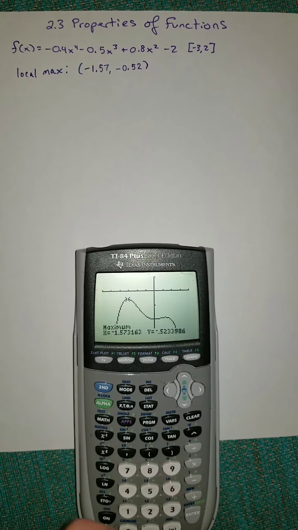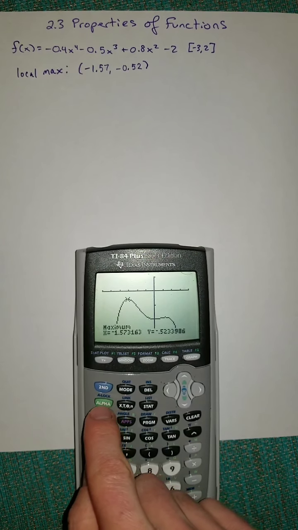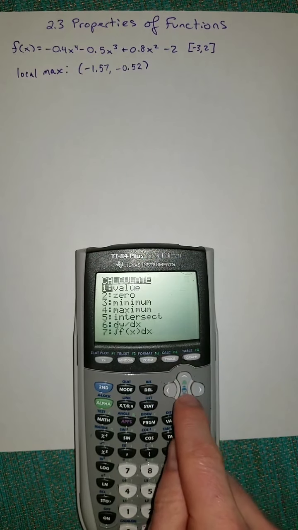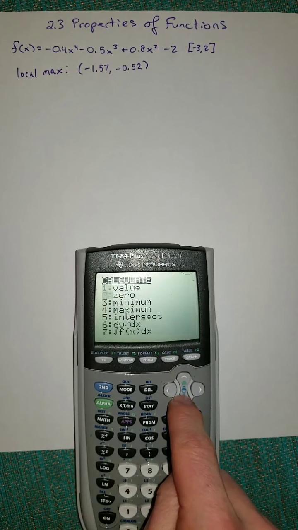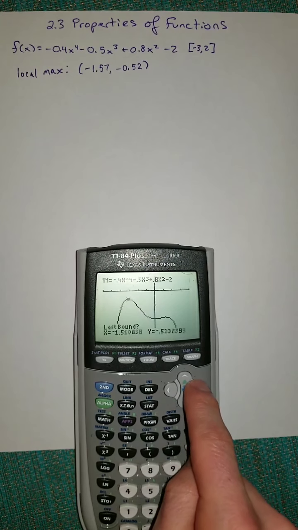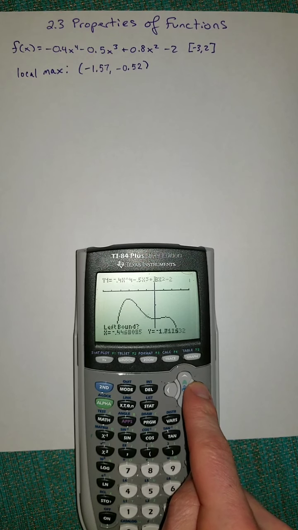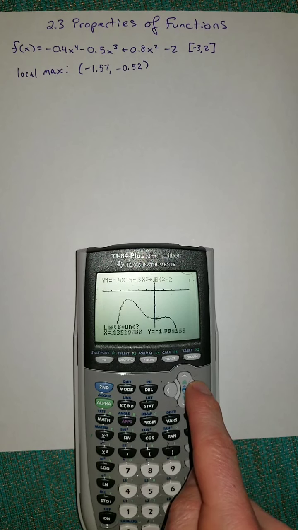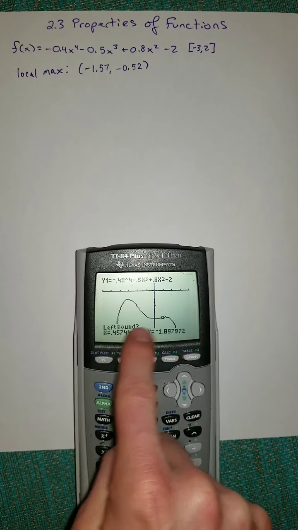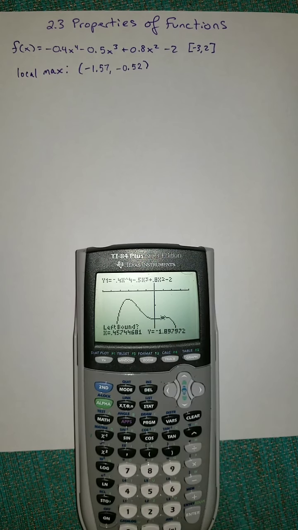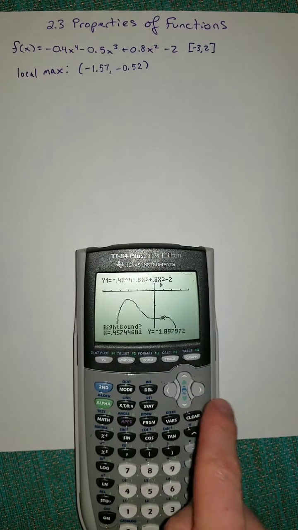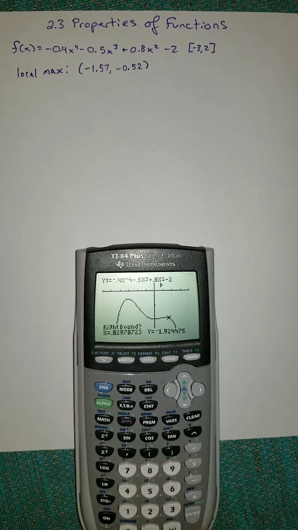The second local max, I'm going to repeat this process. I go second, calculate. I go down to maximum. And then I scroll it on over. Again, I need a left bound, so I keep myself a little bit left of the maximum. Needs a right bound, so I make sure to go across to the right.